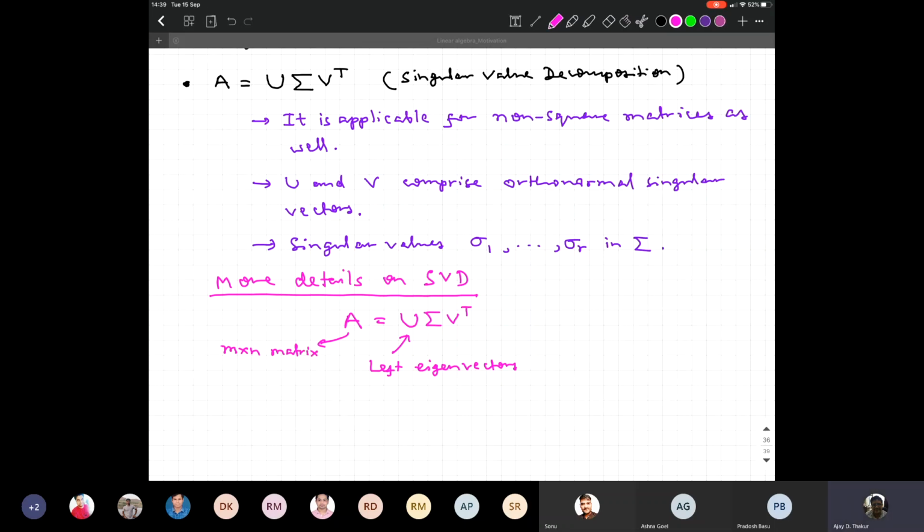Typically we'll do an example where M equals N, and we will have problems where M is not equal to N. Here U would be composed of left eigenvectors in Rm, and V would be composed of right eigenvectors in Rn.